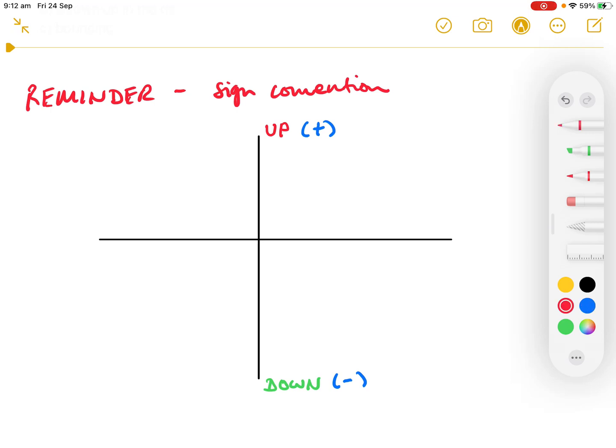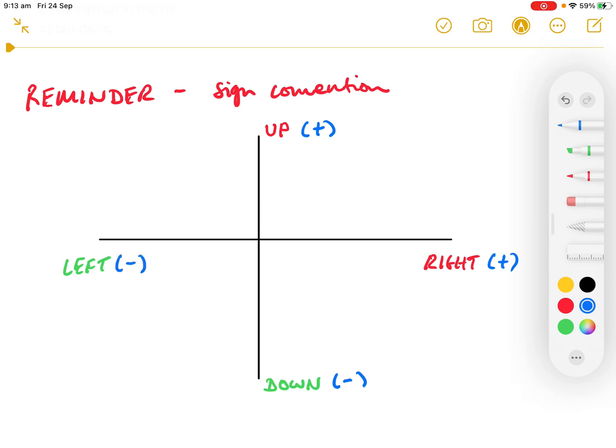Similarly, if you're going to the right, that is a positive vector, whereas if you're going to the left, then that is negative.